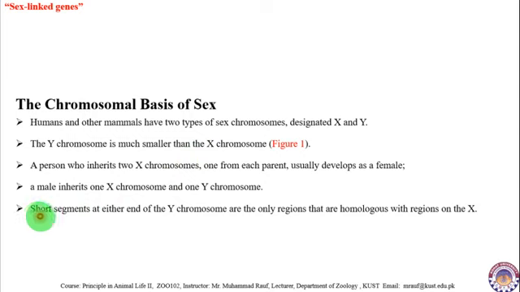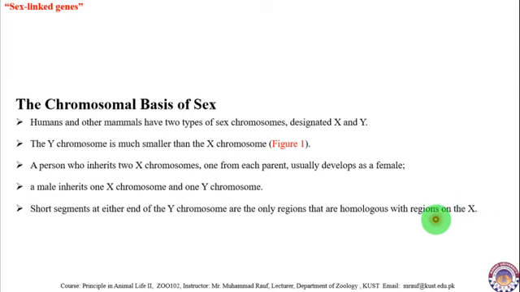So this is the answer for you, that short segments at either end of the Y chromosome are the only regions that are homologous with regions on the X chromosome.